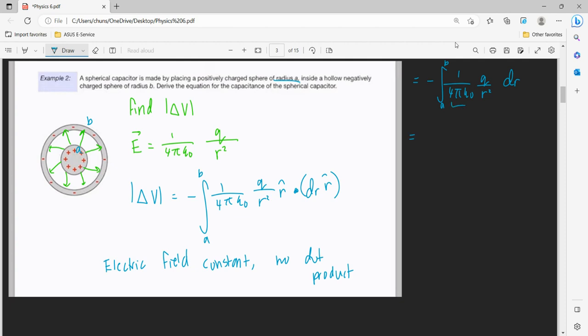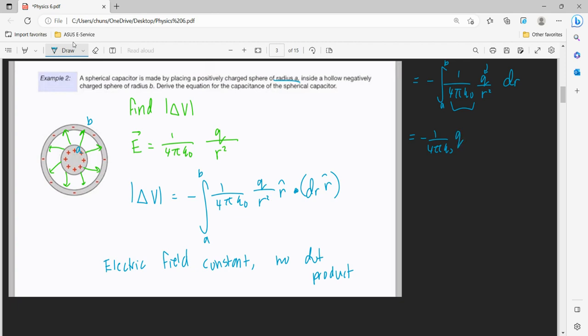So this whole term is constant, so we're going to kick that out, times q over r. Sorry, just this first part is constant, and so is our charge.